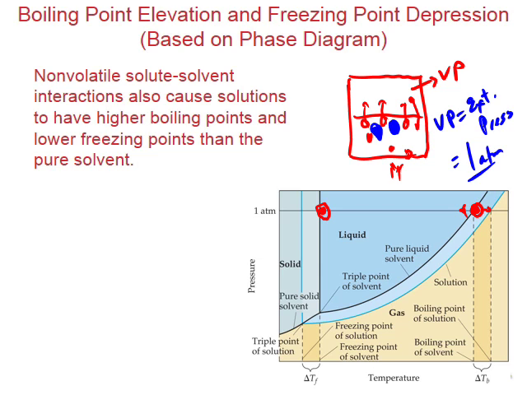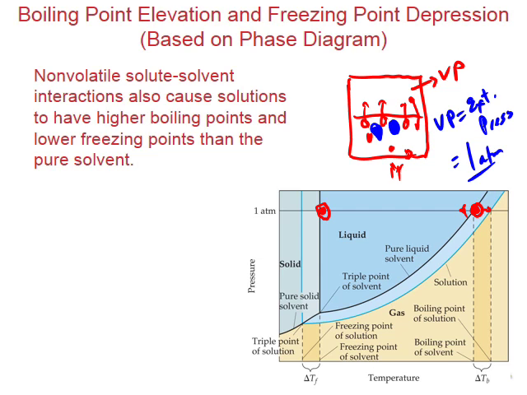Remember, in order to boil it, you have to heat it so that vapor pressure becomes equal to the 1 atmospheric pressure. Now, in case of pure solvent, whatever temperature you need to heat to, this time you need to heat even to a higher temperature, because vapor pressure will be lower because of the presence of non-volatile solutes in the solution. By looking at the graph, you can also understand it.